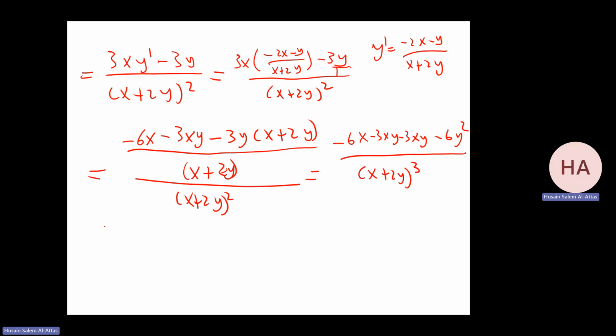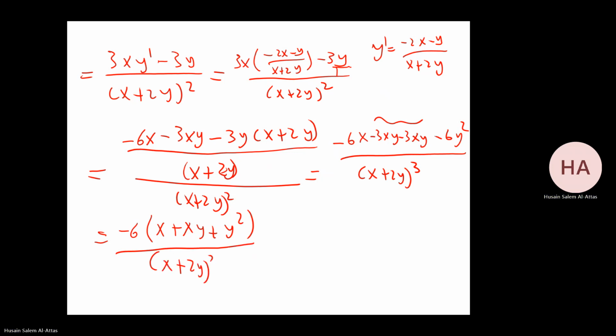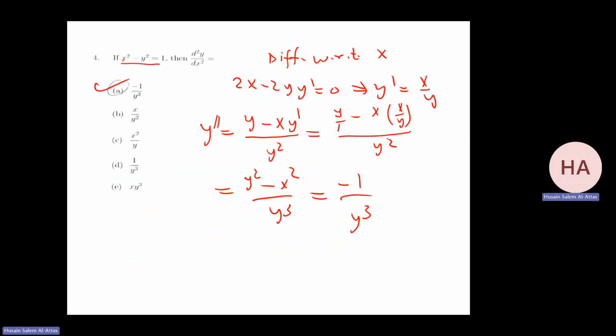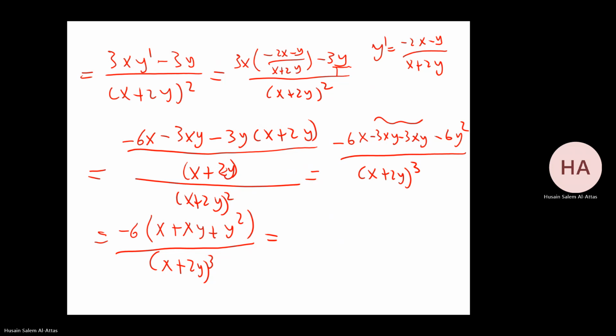Now I can take minus 6 as a common factor: x plus xy plus y squared over this. Wait a minute, when I multiply, it should be 6x squared. Sorry, I missed the square.